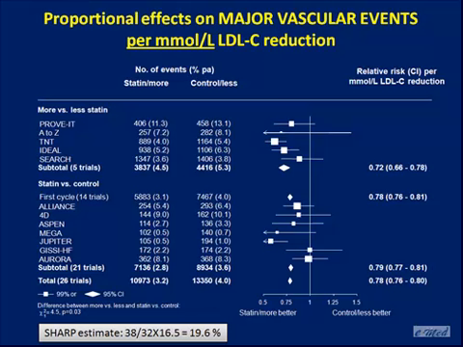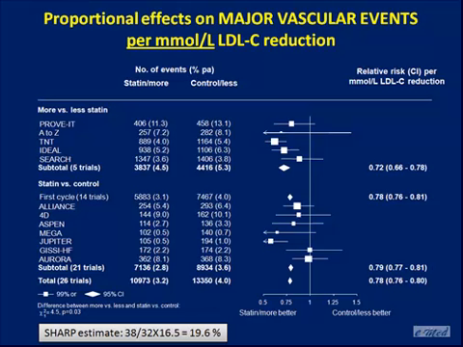Going back to the CTT meta-analysis, which was recently published, now it is very easy to look at the effect of a 1 millimole reduction of LDL. So 1 millimole is 38 milligrams of LDL. If you reduce 38 milligrams of LDL in your patient, you can expect to reduce the cardiovascular risk by 22%, and here we are looking at the major vascular events.